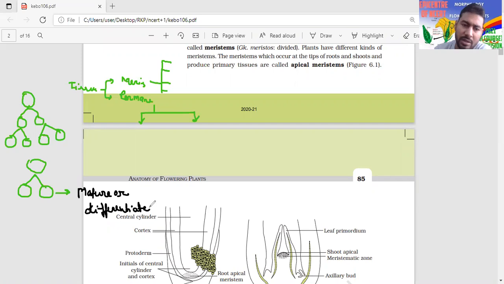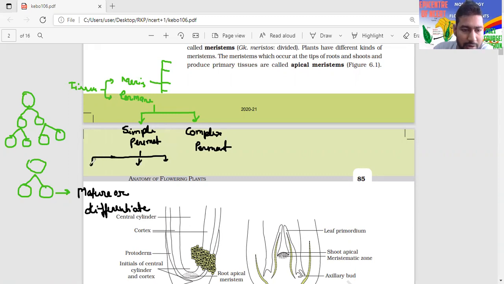Now this permanent tissue is again classified into two different types. One is the simple permanent tissue, and another is the complex permanent tissue. Simple permanent tissue is classified again on the basis of function and shape into three different types.